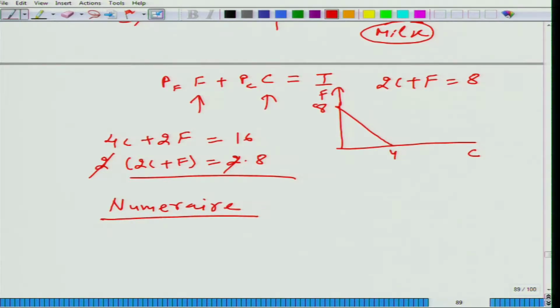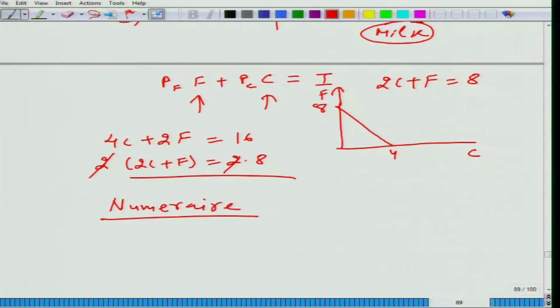Here money does not make sense. Even when you have a large number of goods, we can still express everything in terms of a particular good. Let us say fish is our numeraire good. We will take the price of fish as 1, and how can we do it?